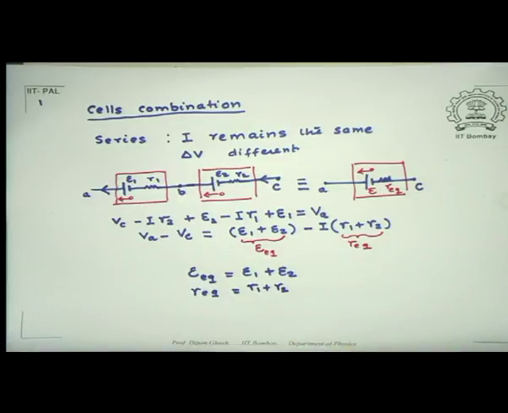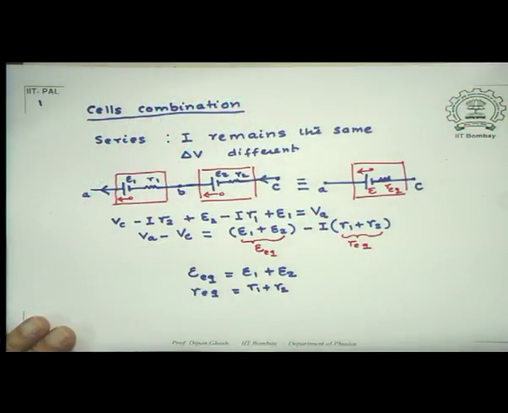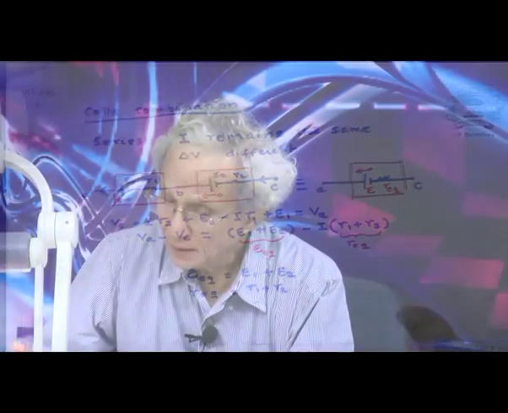Now supposing instead of this combination, I had connected the polarities differently, and let us suppose I had this combination here. So what we have is a situation like this.